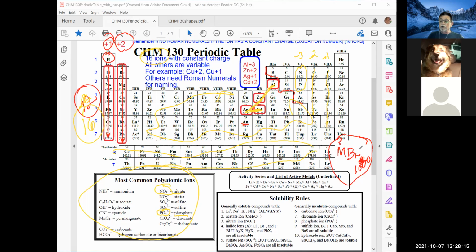If I got 1,000 bromides there, what must be the charge of the metal? Obviously a positive 1,000, because each bromide is a -1, and I got 1,000 of them, so I got a -1,000. That means that metal must be a positive 1,000. Okay, and that's how it works.